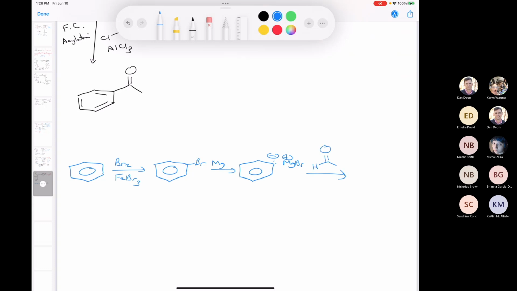This is called acetaldehyde. That's neither here nor there. Followed by aqueous acid, that would give you the secondary alcohol like this. And then you could oxidize it. Oh boy, this is brutal. PCC, we'll just choose that. You could choose anything. And then you'd have acetophenone.